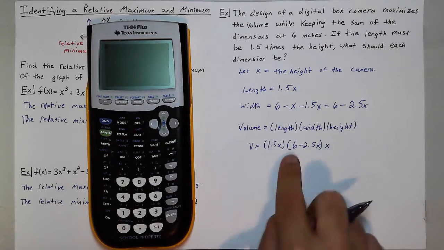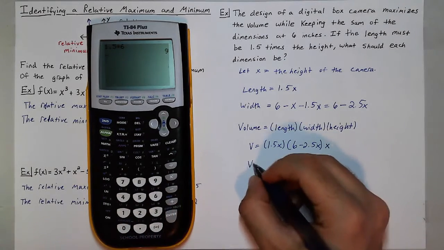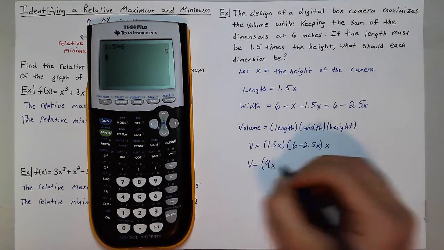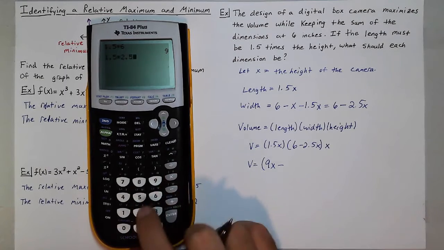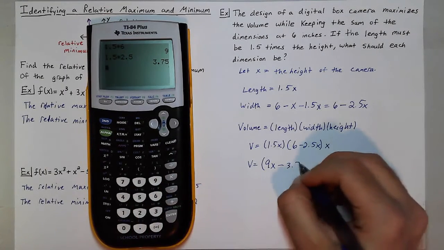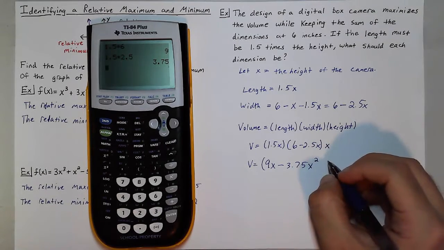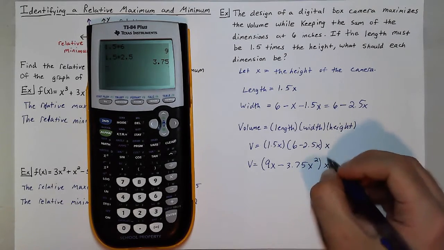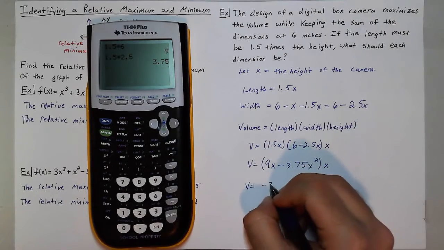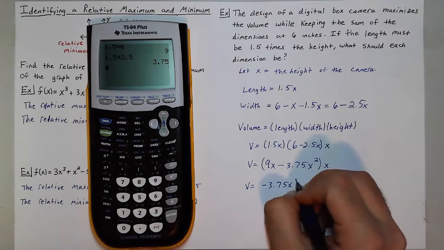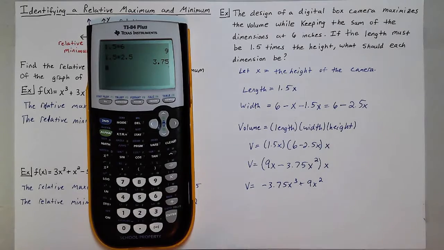So 1.5 times 6 is 9. So I'll get V is equal to 9x minus 1.5 times 2.5, 3.75x squared, and all that's times x. I'll distribute this x into the parentheses, and my volume is now negative 3.75x cubed plus 9x squared. And I'll put that in standard form for the polynomial.